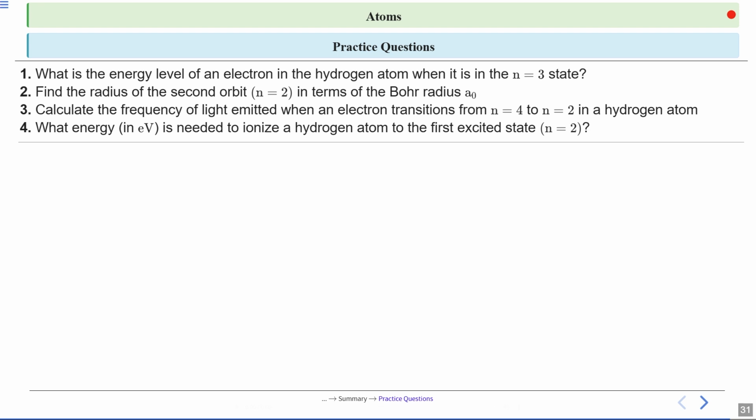Finally, let's determine the energy needed to ionize a hydrogen atom from the first excited state, which is n equal to 2. Ionization means removing the electron completely from the atom. We will calculate the energy difference between the n equal to 2 level and the point where the electron is free, which is defined as zero energy. This value will be in electron volts, a common unit for atomic energies.